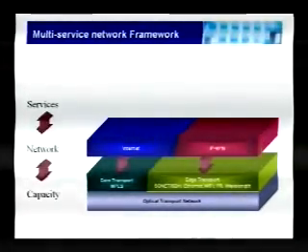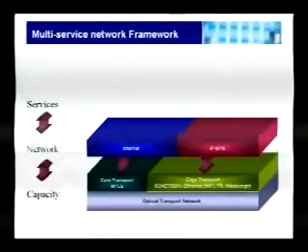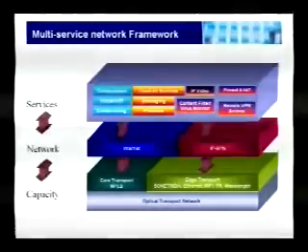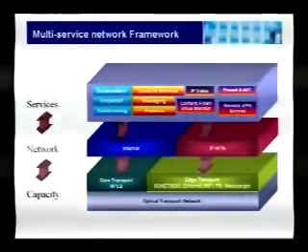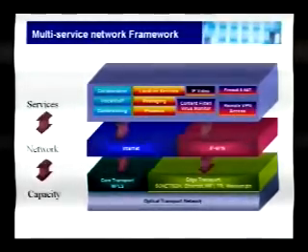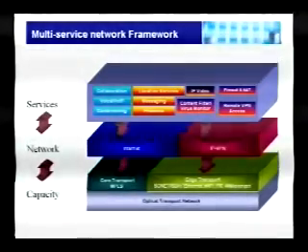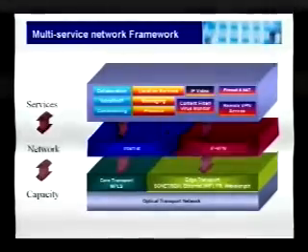Then you could have your two different modes of service, your internet and your IPVPN. And then you layer your services on top of that so that each of your different services that you create has the ability to be delivered over either your internet service or your IPVPN service.